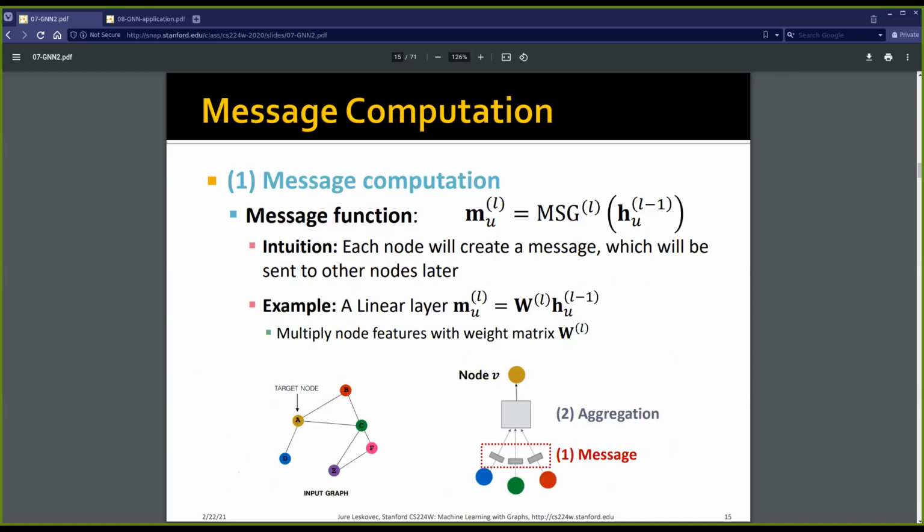And for example, how to compute the message: you take the representation of the node from the previous layer, or the original node attributes if you're at the first layer. Then you compute the message for that node. And how can you do that? You can apply some deep neural networks, but you can also just go with a single linear layer, so a linear transformation.